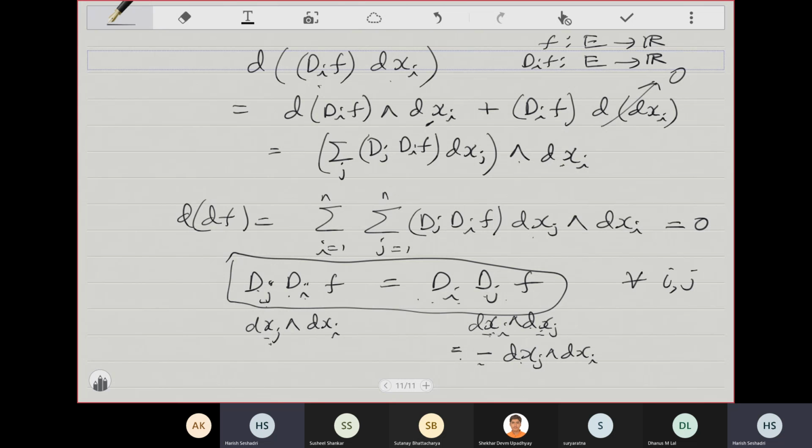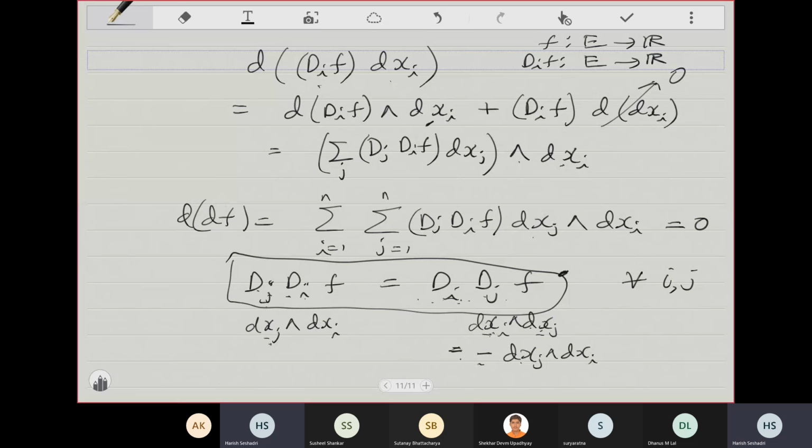So somehow d squared equal to 0 is capturing this condition that D_j D_i equals D_i D_j. In that sense, one should not think of d in a very simple-minded way as just taking derivatives. It is something slightly more than that, because there is this sign involved.